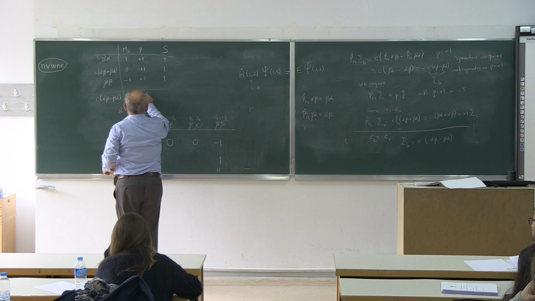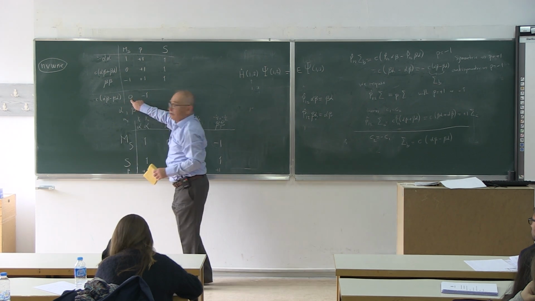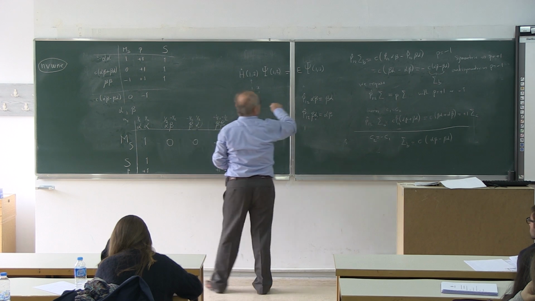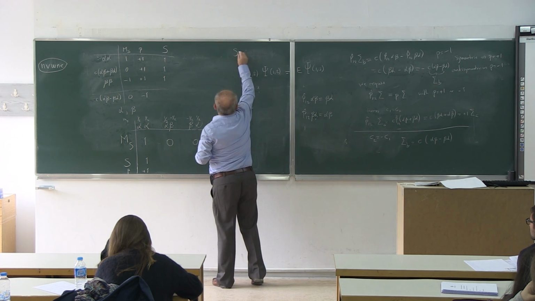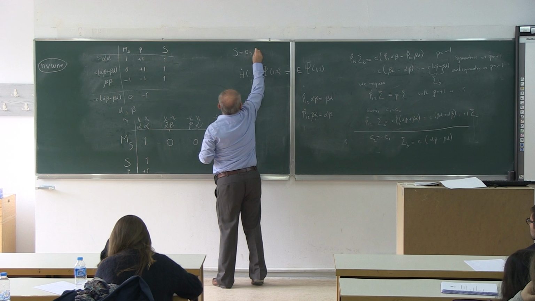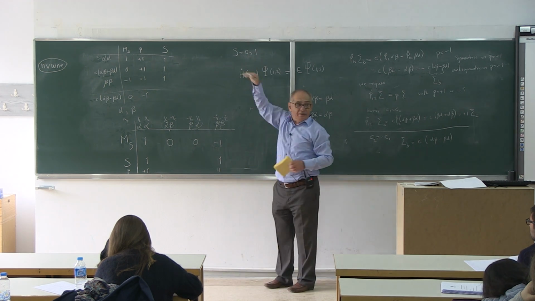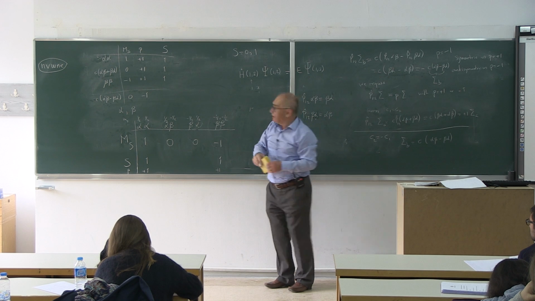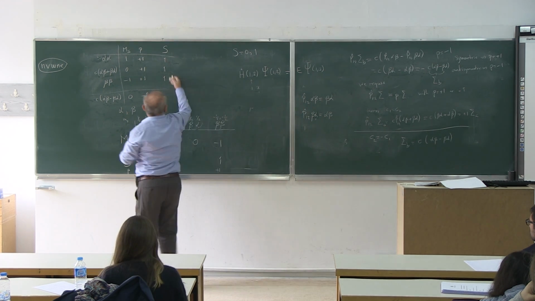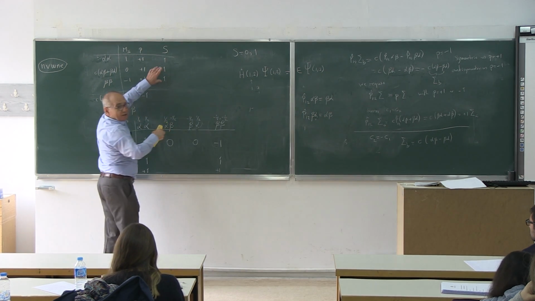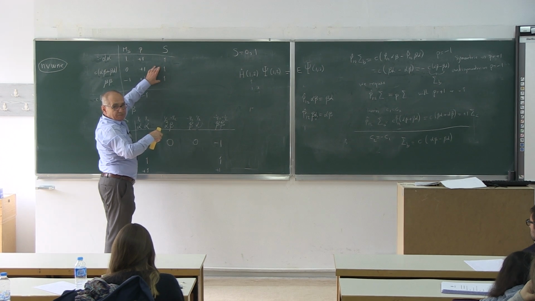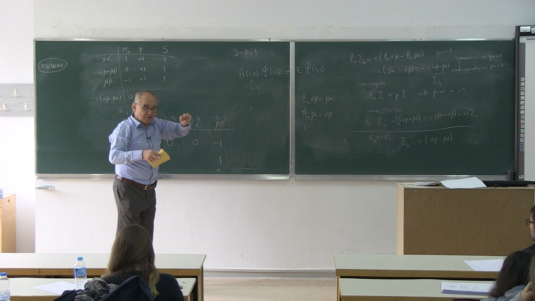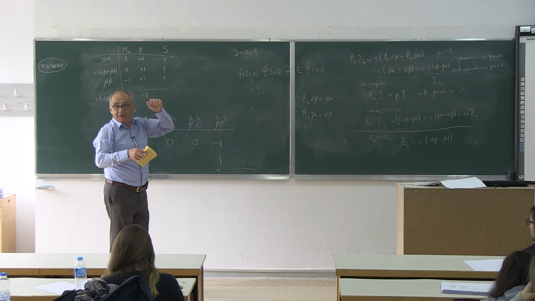Then here is another MS. Total MS is 0. But remember that I know in this problem there are two total spin values. One is 1, the other is 0. I have found S equals 1 spin functions, and there are 3 such spin functions as there must be.